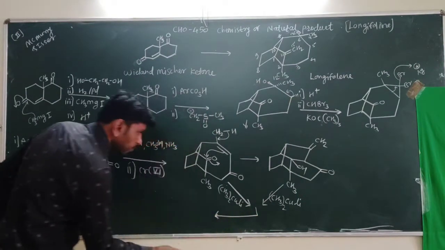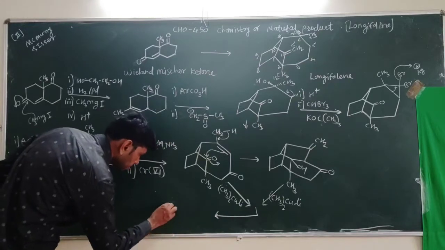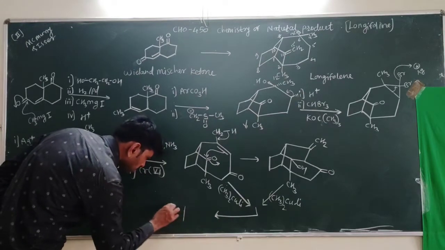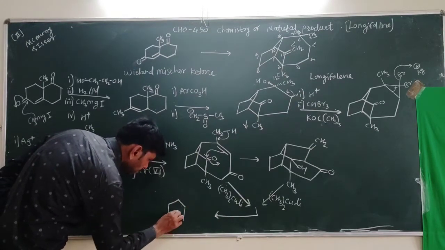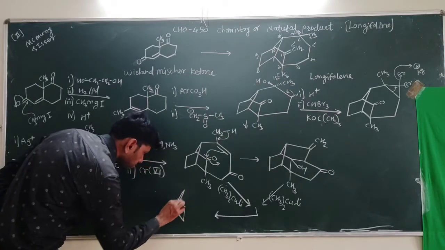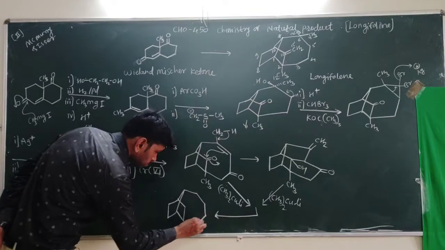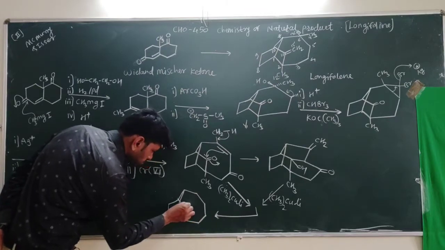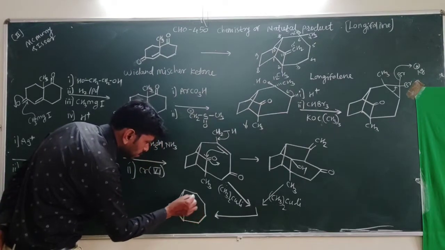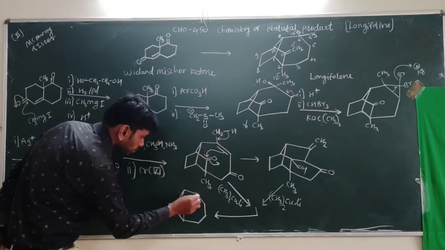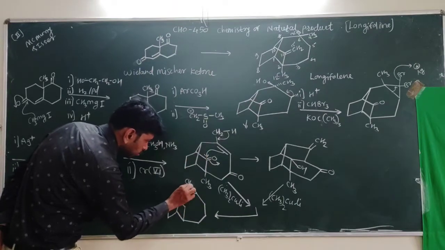So the resultant product, from all the reactions we obtain the product. So methyl lithium reacts, then from this we obtain the addition of CH3.